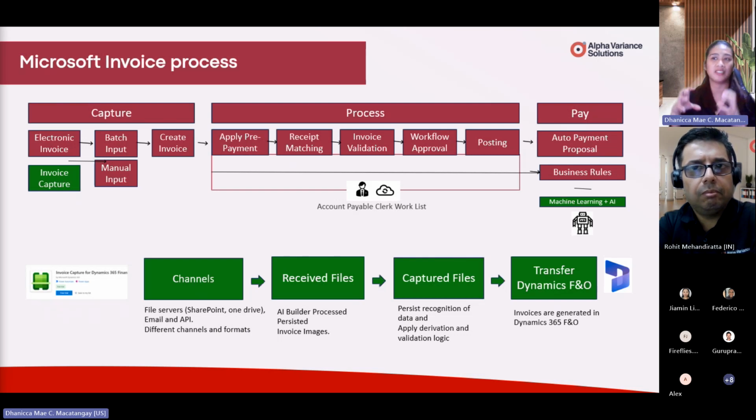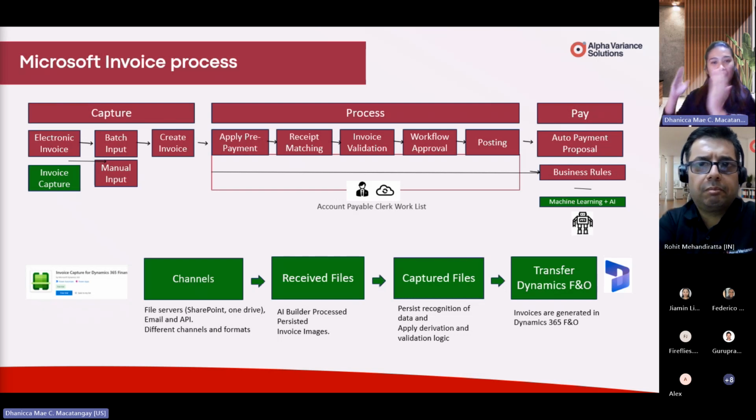Once we install the invoice capture application for Dynamics 365, we have the so-called channels that we can configure inside it. These channels are SharePoint, OneDrive, and the most favorite I have is the Outlook channel, because our vendors can interact with us directly through emails.